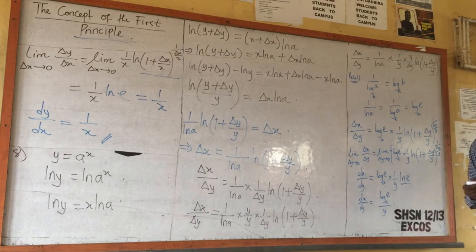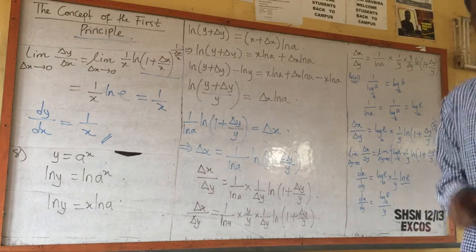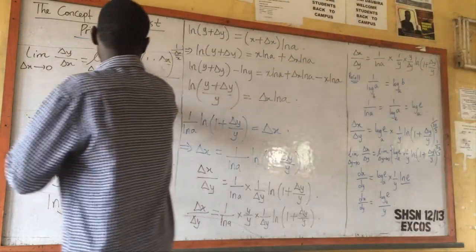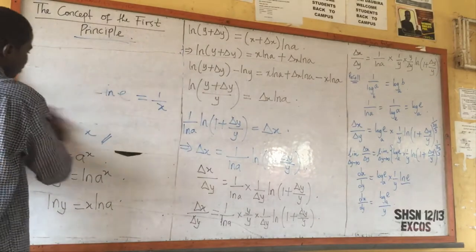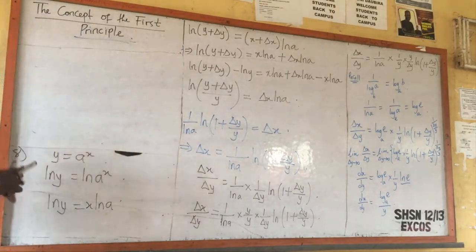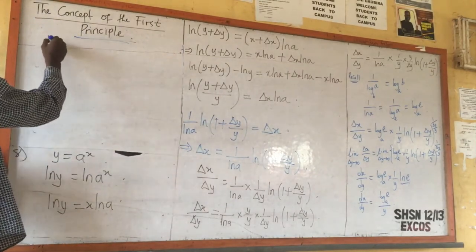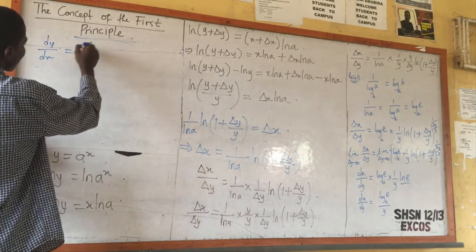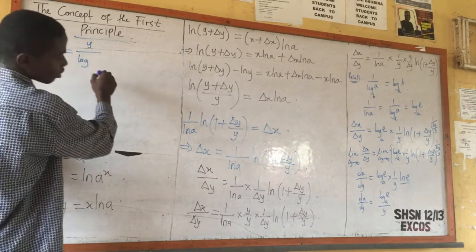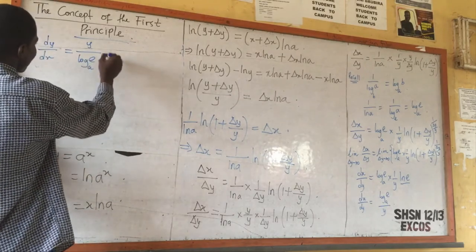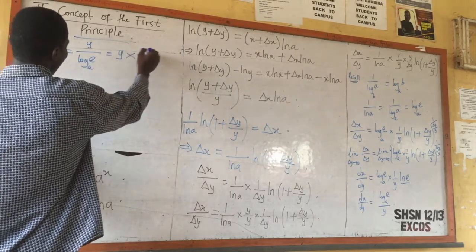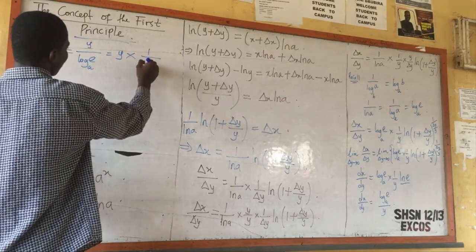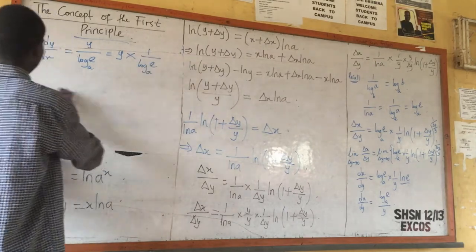Don't forget what I'm looking for is dy ds. So that means I will reciprocate. That means dy ds will be equal to y over log e base a, which is the same as y multiplied by 1 over log e base a.